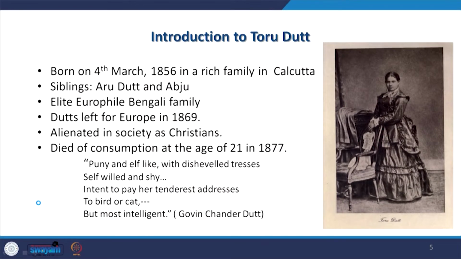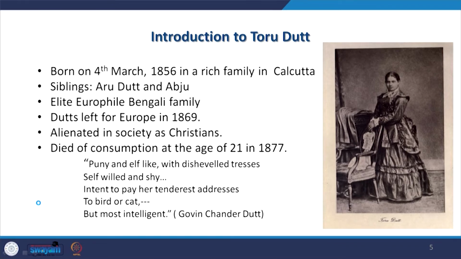A brief description of Toru given by Gobind Chandra Dutt in a sonnet is: puny and elf-like with dishevelled tresses, self-willed and shy, intent to pay her tenderest addresses to bird or cat, but most intelligent.